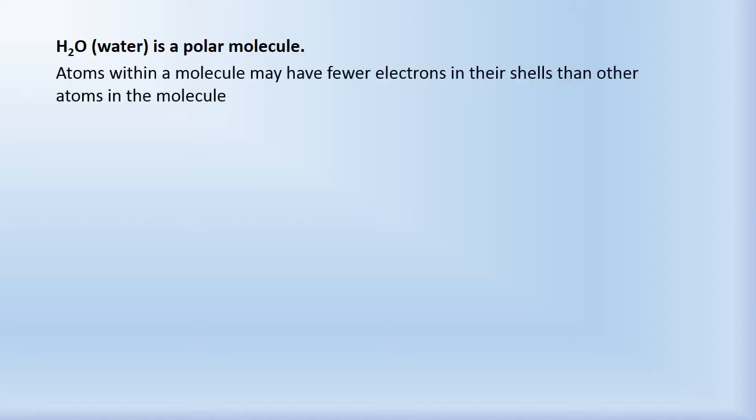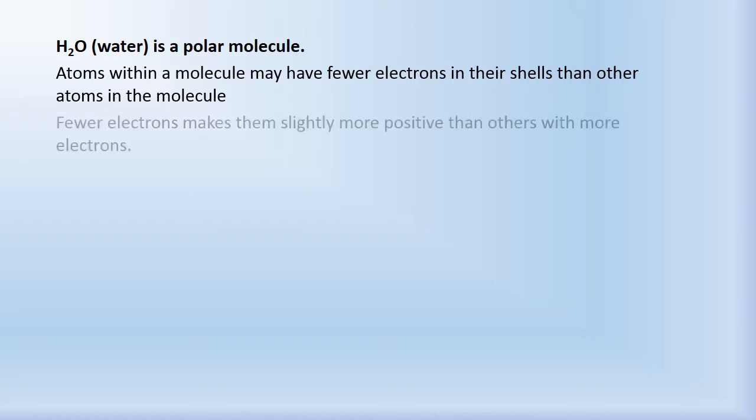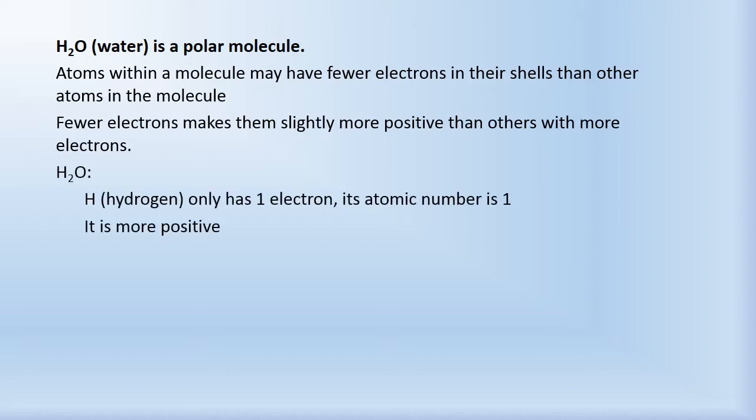Water is what's known as a polar molecule. Atoms within any molecule may have fewer electrons in their shells than other atoms within that same molecule. Fewer electrons makes them slightly more positive than others that have more electrons. So in terms of water, hydrogen only has 1 electron. Its atomic number is 1.